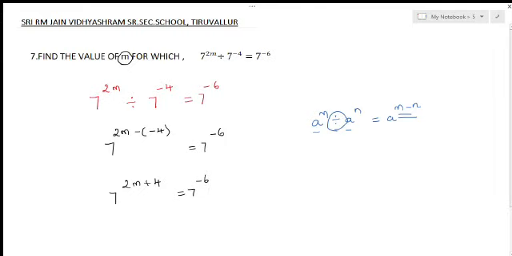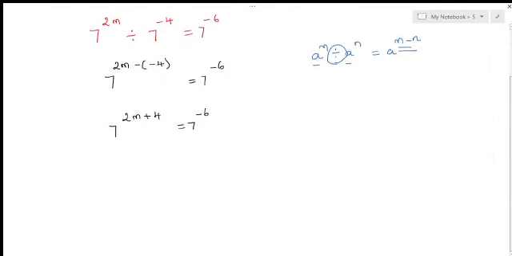Here you can see both the base are same, then powers must be equal. So base are equal, then we can equate the powers. Here 2m plus 4 equal to minus 6. When you take a positive number to other side, it will become negative. So 2m is equal to minus 6 minus 4.